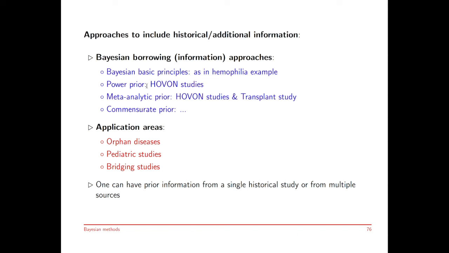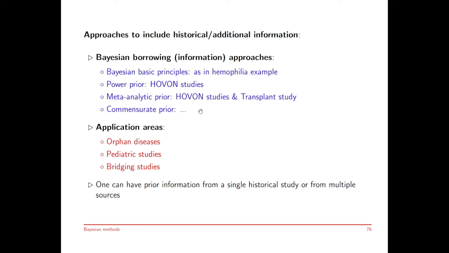Two big approaches are the power prior approach, which was applied in our case on Hoven studies. This is a kind of studies that were done in the Erasmus Medical Center where I worked, and the meta-analytic approach. There are also other approaches like the commensurate prior and so on.